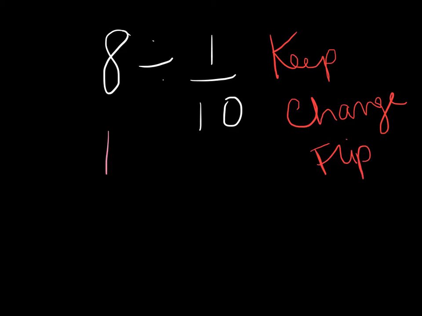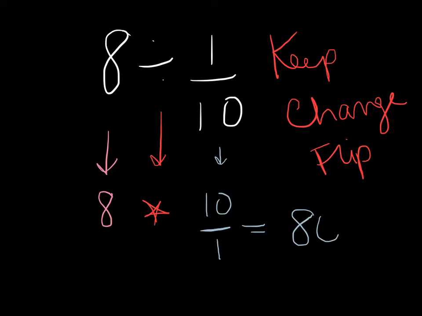So we keep the dividend and it stays the same. Then we change the division to multiplication, and then we flip our second fraction. So it's no longer going to be 1 over 10, it's going to be 10 over 1, which of course is just 10. So we're going to call that now 80, because 8 over 1 times 10 over 1 equals 80.